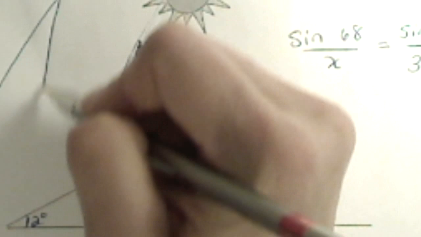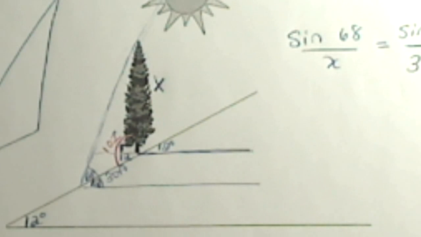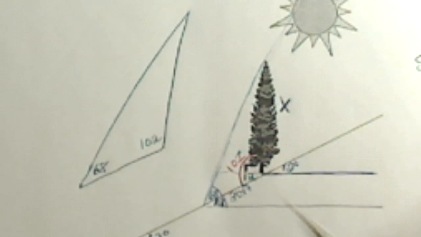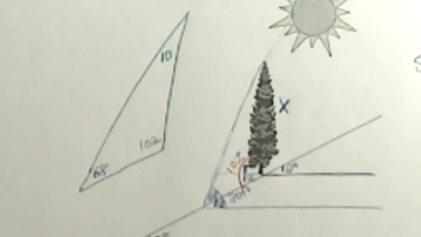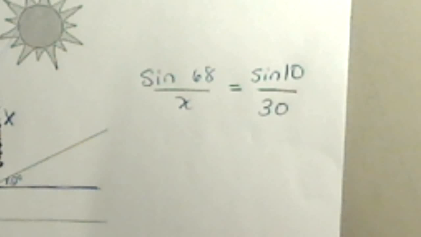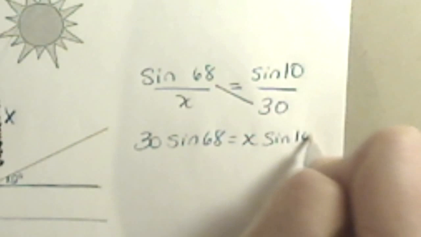So now I have a triangle that I know two of the angles in. If I draw the triangle a little bit more like this, I know this bottom one is 68. I know this one now is 102. So the top angle, by subtracting from 180, is only 10 degrees. And now I can finish off my law of sines. Sine of 10, 30 sine 68 equals x sine 10.